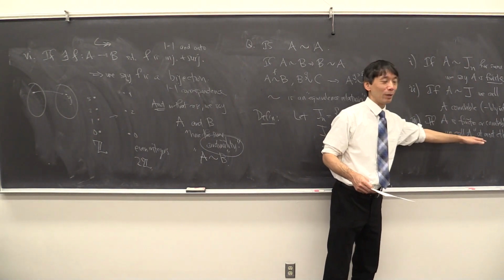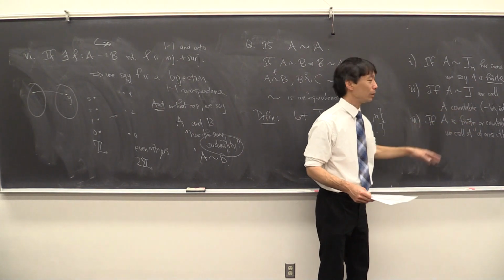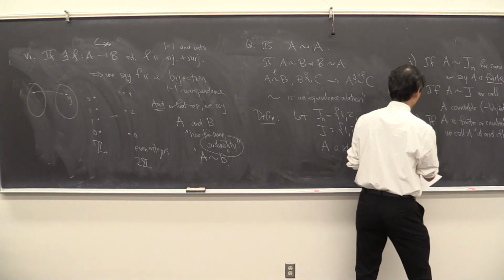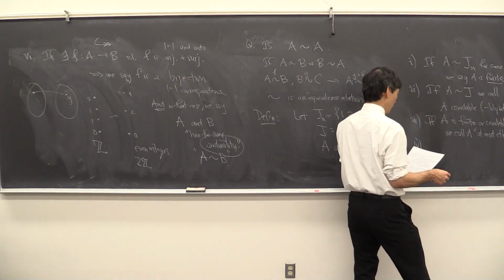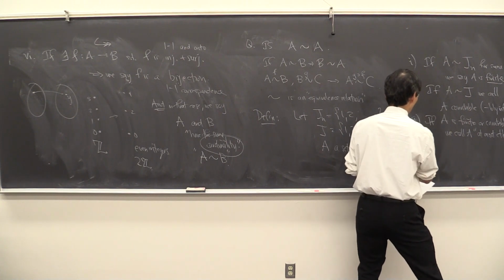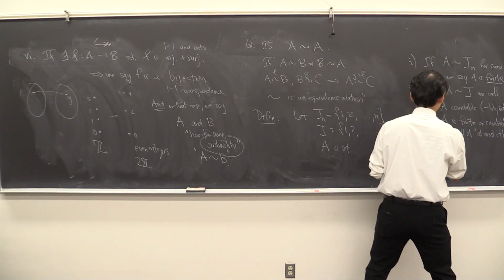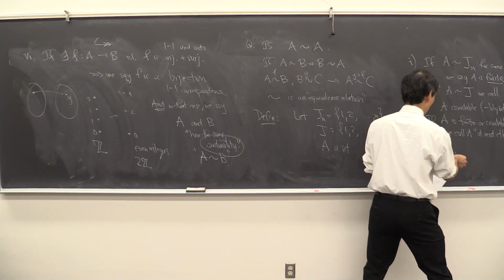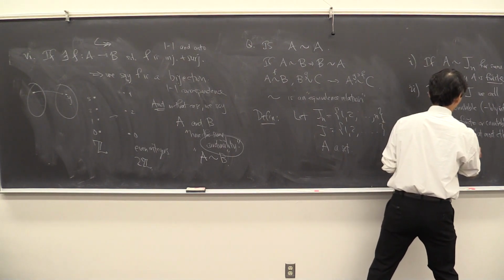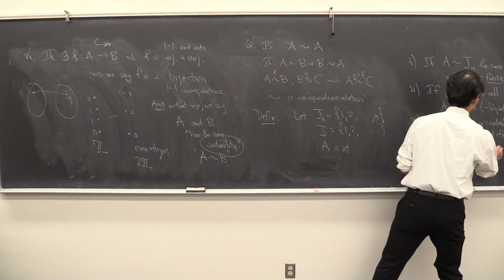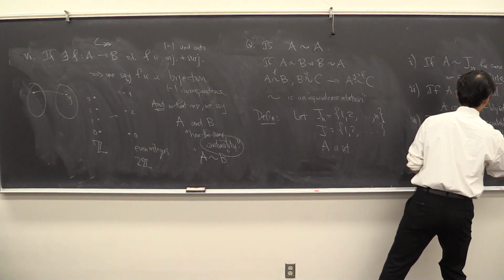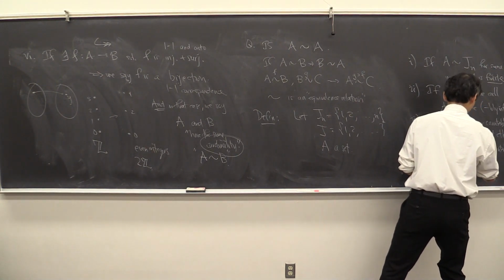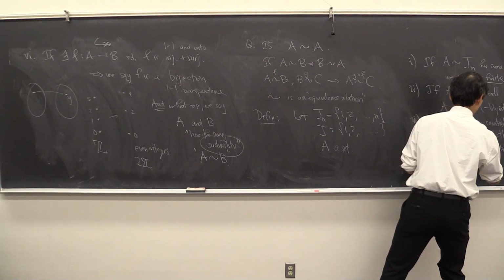I'm not going to use this. I'll almost never use this term. Don't worry too much about it, but it exists. And then otherwise, and this is how I always abbreviate otherwise, we call A uncountable, or uncountably infinite.